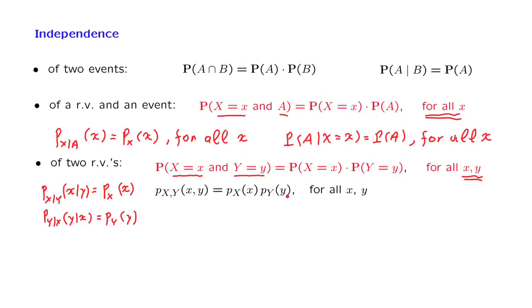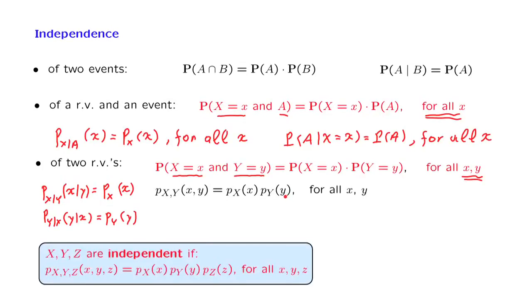Finally, we can define the notion of independence of multiple random variables by a similar relation. Here, the definition is for the case of three random variables, but you can imagine how the definition for any finite number of random variables will go. Namely, the joint PMF of all the random variables can be expressed as the product of the corresponding marginal PMFs.